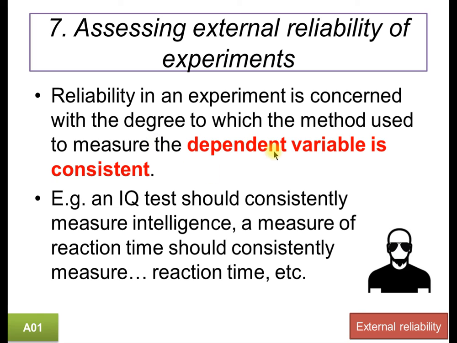If you score 100 on your first IQ test, you should score somewhere in the ballpark of 100 on your second, and your third and your fourth. If you take the IQ test 4 times and you get 4 different results, this is not a reliable measurement. I've told you before that I've taken lots and lots of IQ tests.